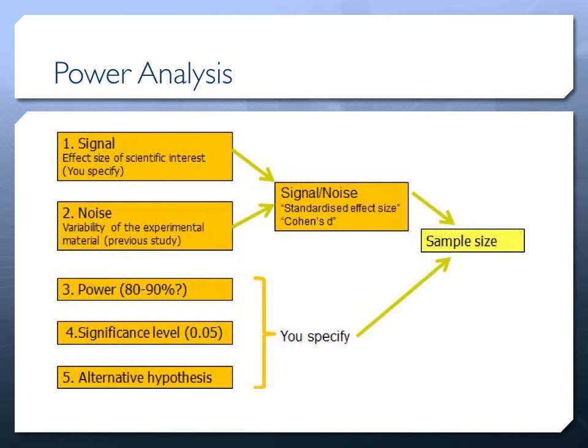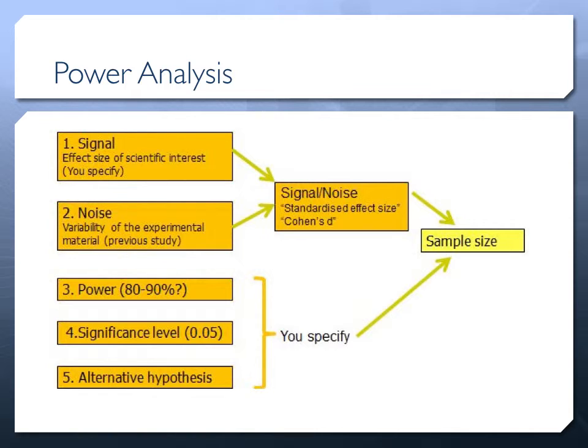If you do the procedure in the right way, your noise is probably going to be minimized, and therefore, with a decent amount of signal and no noise, your power is going to be high and your significance level is probably going to be either at 0.05 or below that, which would say something about your data and about the way you do your research.